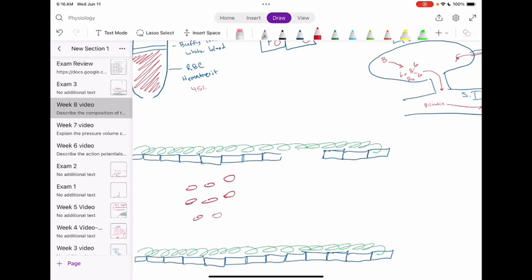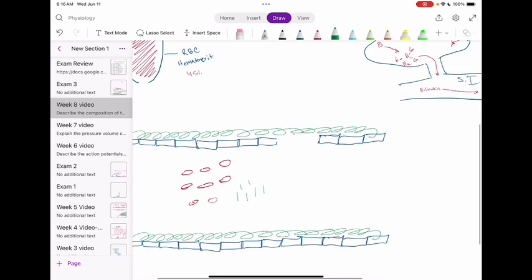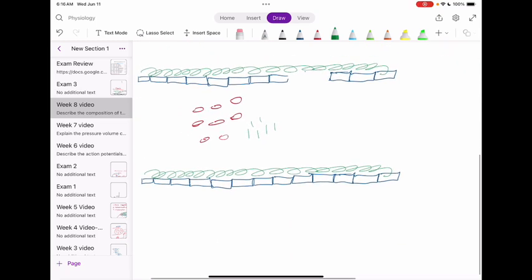What we also have are these what we call VWF. And within the platelet, we have these binding sites.